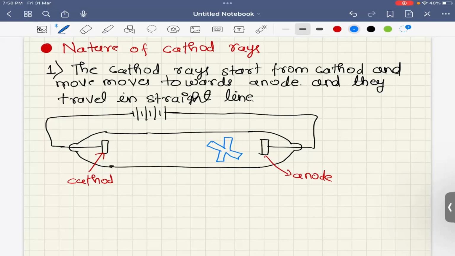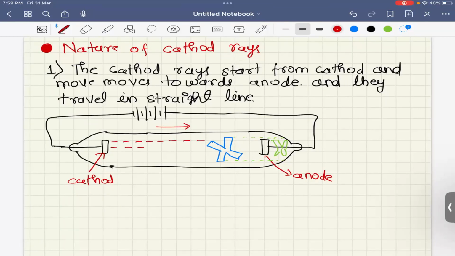What they observed was that we could see a shadow of it, which confirmed that the rays traveled in this direction.